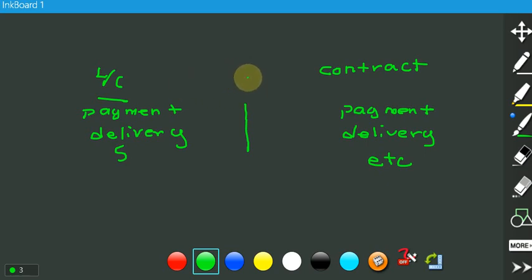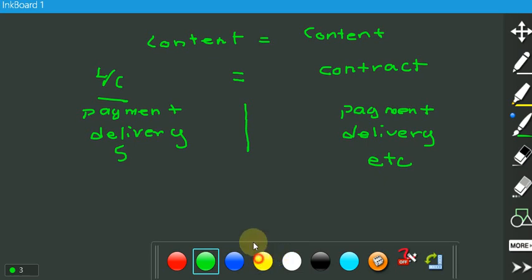Most people can think that these should be the same: the content of the letter of credit should be the same as the content of the contract, because it comes from the contract. But that is not correct. This is the independence principle of the letter of credit.